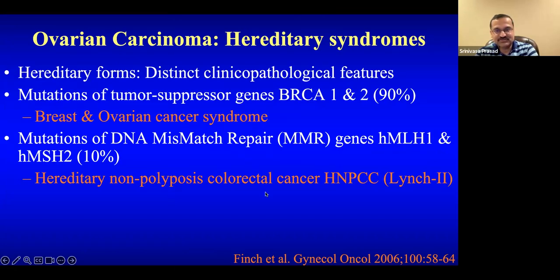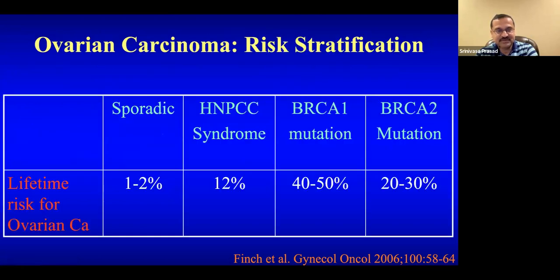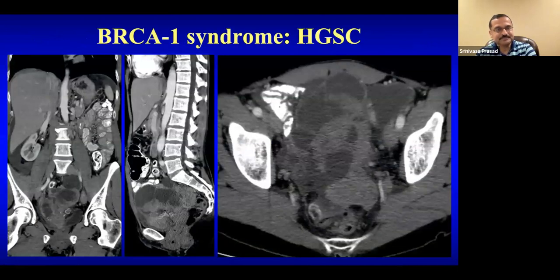And the other one is the so-called Lynch syndrome, which is the hereditary non-polyposis colorectal cancer syndrome. As we notice, a sporadic lifetime risk is 1 to 2%, it increases to almost 12% in patients with Lynch syndrome, and 20 to 30% in BRCA2, and 40 to 50% of patients with BRCA1 mutation.